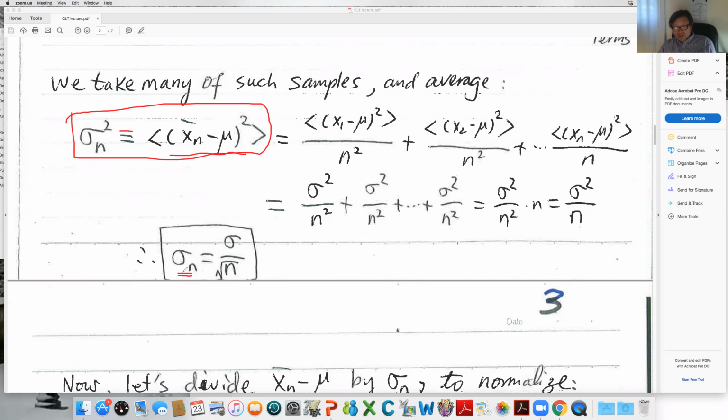This RMS is going to be smaller by the square root of n. So the bigger the sample you take, the smaller the error is going to be. You will see that this quantity goes into the Gaussian distribution later. So this quantity has significant value to us.